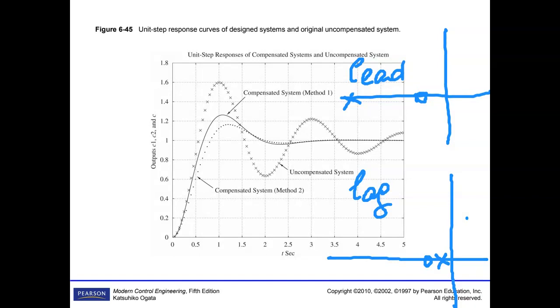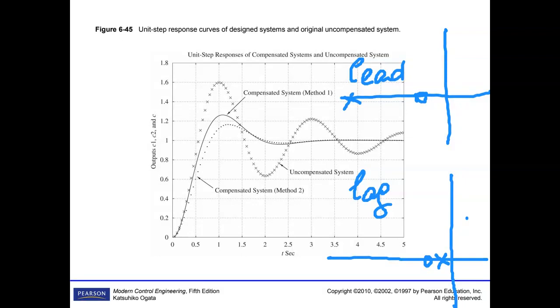Follow my cursor, please. For lag, you are adding here a pole almost 0, 0.005, you remember. And then, of course, almost to the origin, let's say. And also, that 0 you are adding is very near to this.